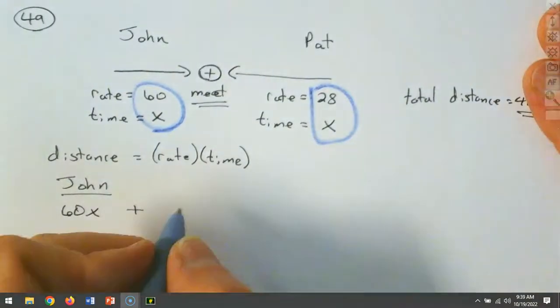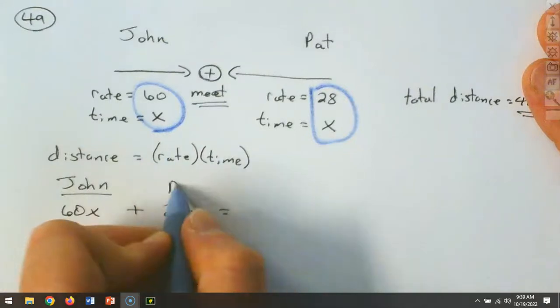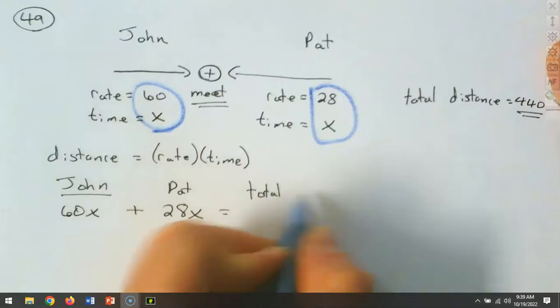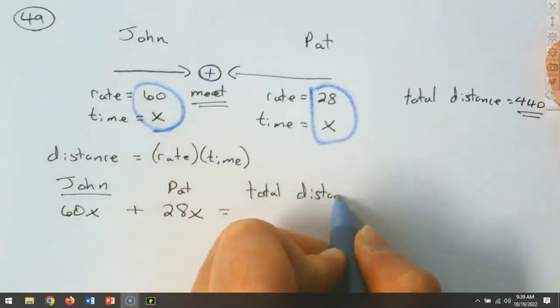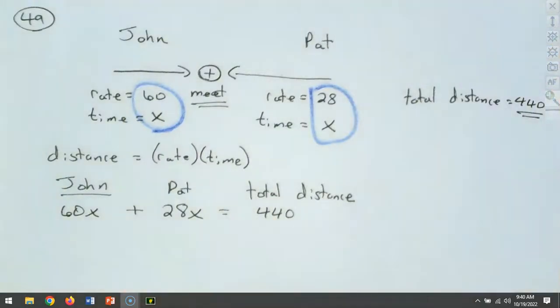And that would be 28x for Pat. And what is the total distance? Total distance in this case is going to be what? 440, right? Okay, can you finish it from here? Should be able to pretty easily. Is everyone okay with how I set it up?